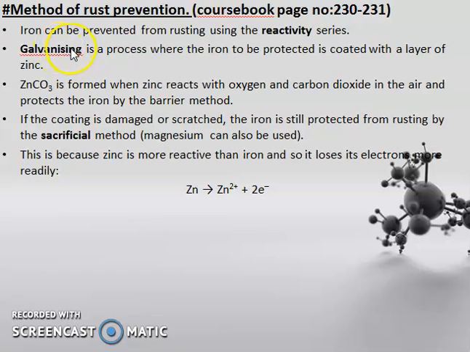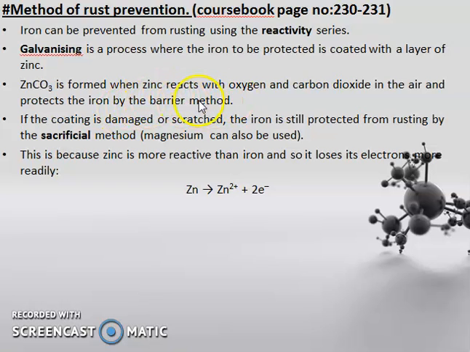This is the process in which the iron is protected by a cover of zinc. Zinc is used as protection for the iron to protect it from rust. What happens is zinc carbonate is formed when zinc reacts with oxygen and carbon dioxide in air, and it protects the iron by the barrier method.